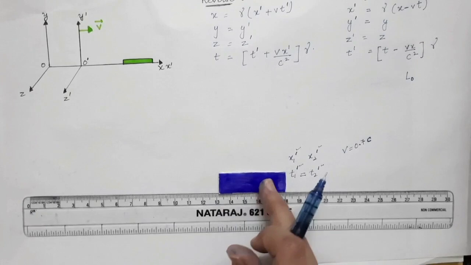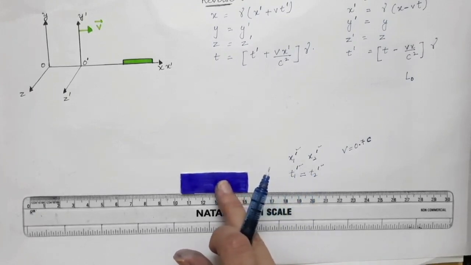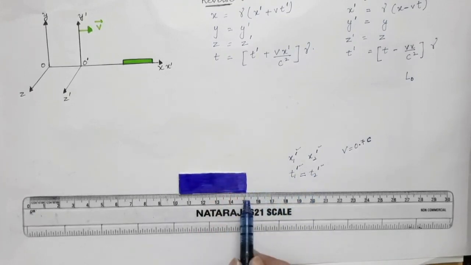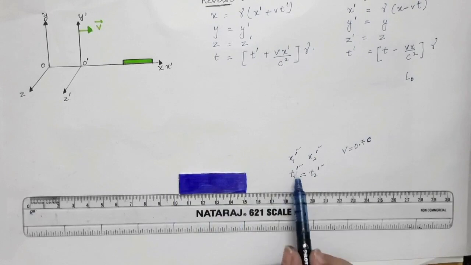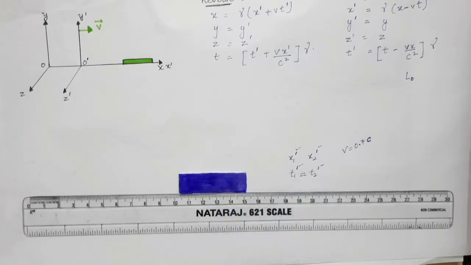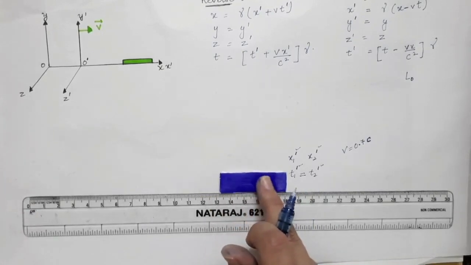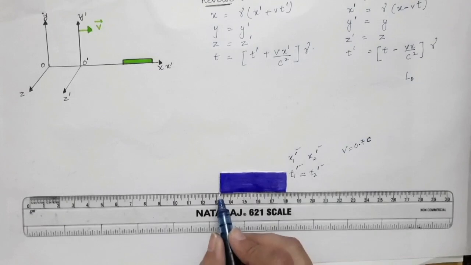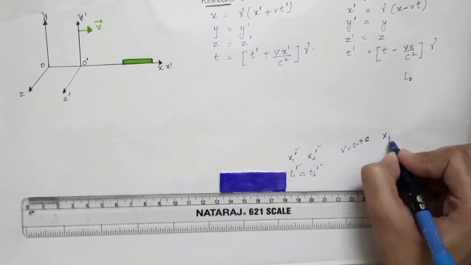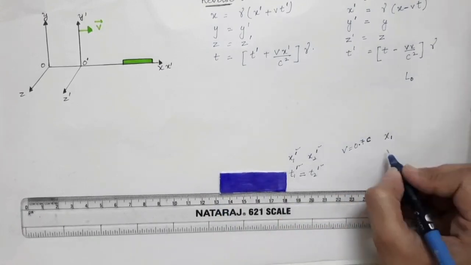But when this object starts moving like this, these two coordinates must be measured at the same instant of time, only then will it give me the correct length. So t1 prime and t2 prime must be equal. When the object is stationary, let's say the first coordinate is x1 and the second coordinate measured is x2.